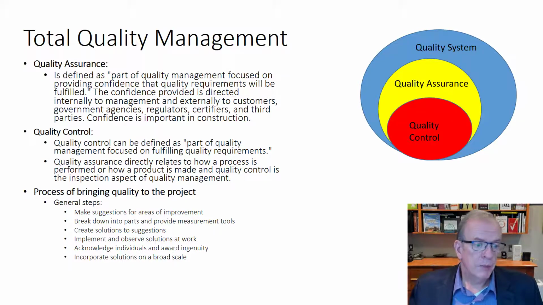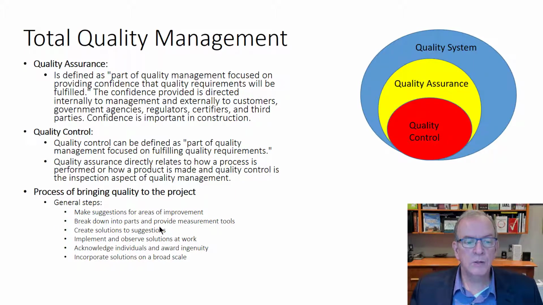So, some of the processes of bringing quality to the project, steps that we can think of: make suggestions for areas of improvement. Quality is a continuous improvement area. We can always do things better. And that's why the fundamentals of lean construction, lean manufacturing follow that continuous improvement movement.